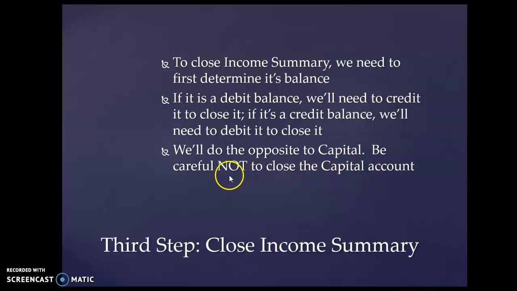You're not closing the capital account. It's our one true permanent equity account. It never gets closed. You're closing income summary. So you have to figure out the balance of income summary and then close it out. Do the opposite thing to capital, not close capital to zero.